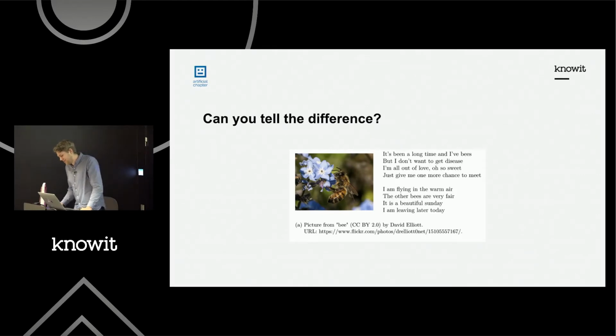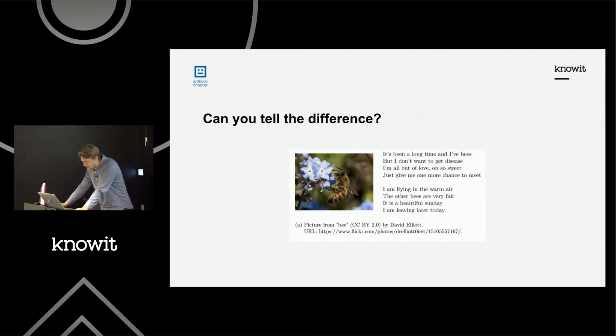So I'm just going to read them out. There are four picture-poem combinations that I'm going to read so you can get how the flow is supposed to be. And then you can see for yourself if you can guess which one is the system-generated one and which one is the human-generated one.